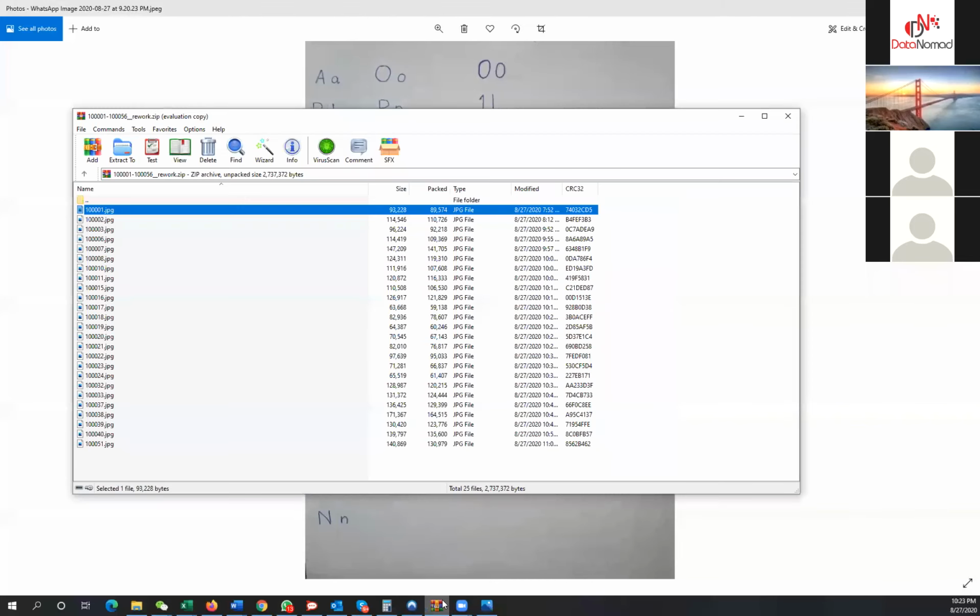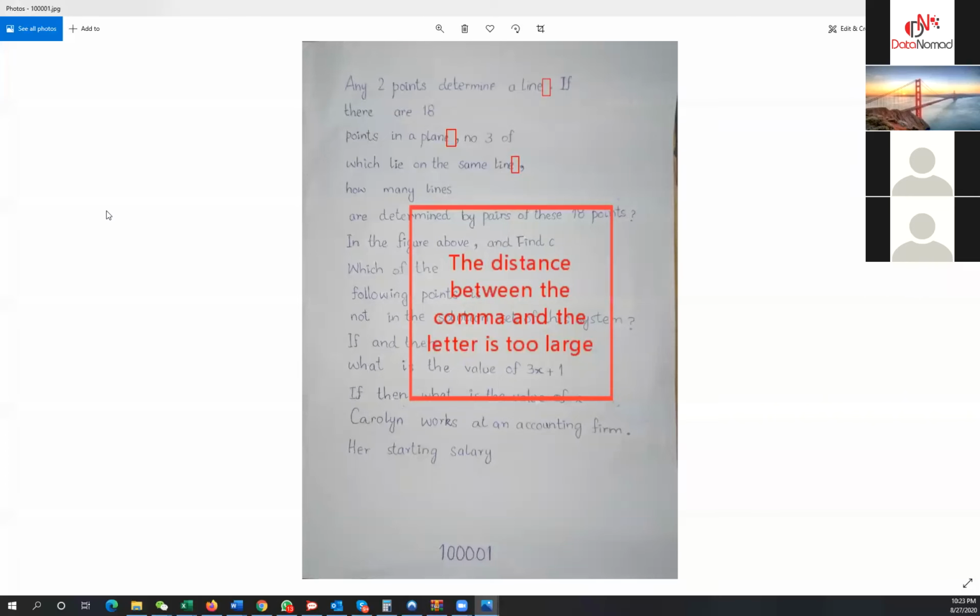Let's go to some finished work, which has been checked by the company, and they've given the feedback. So, for example, over here in this submission, our main mistake is the distance between the comma and the word. The comma should be closer to the word on the left side, and there should be a 1 character space on the right side.